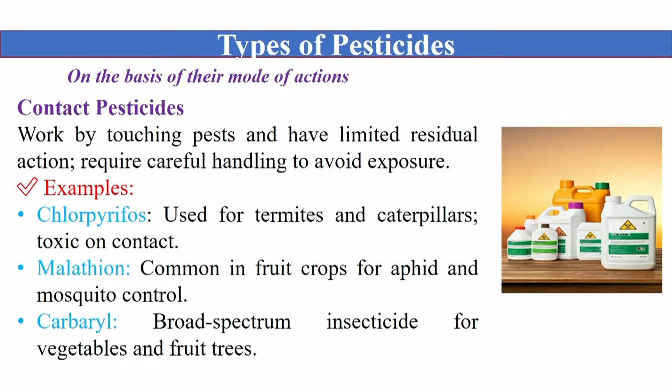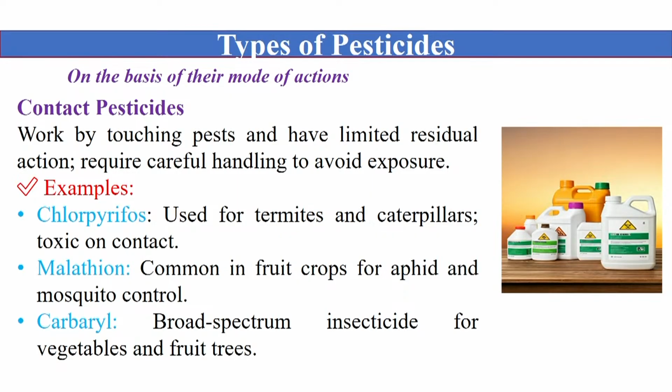For example, chlorpyrifos, I think you are aware of this pesticide. It is generally used for termites and caterpillars, and it is toxic on contact. This is one example of a contact pesticide.